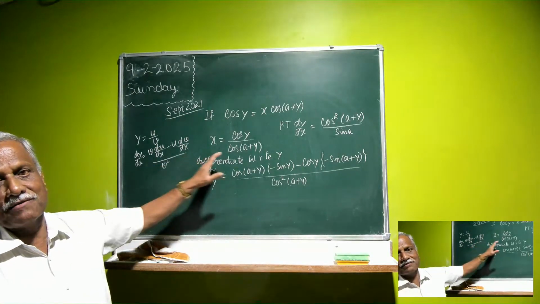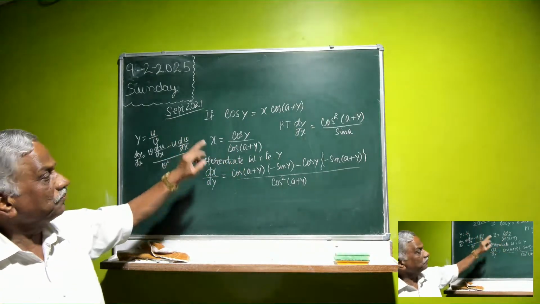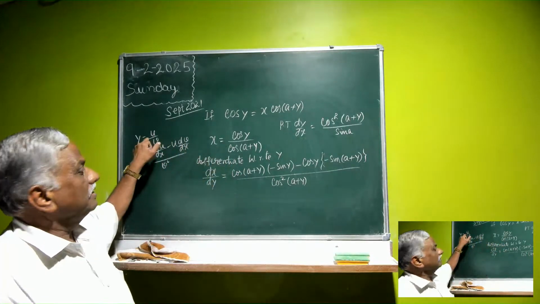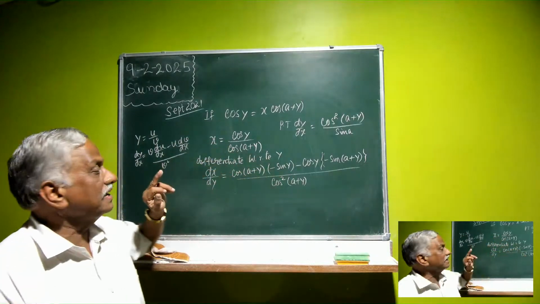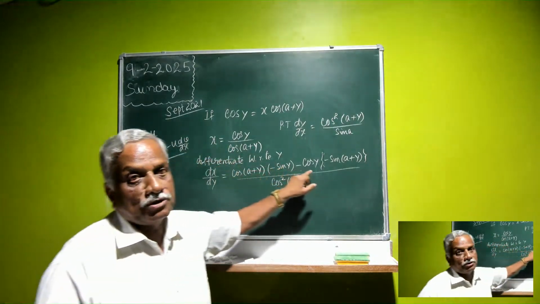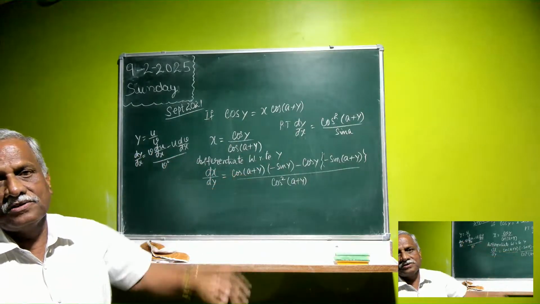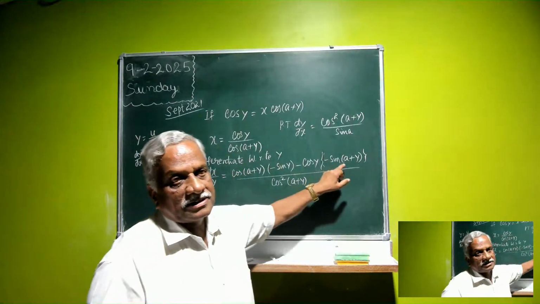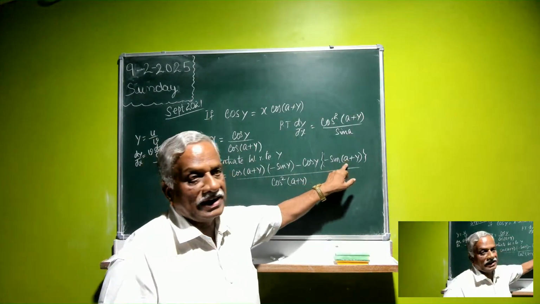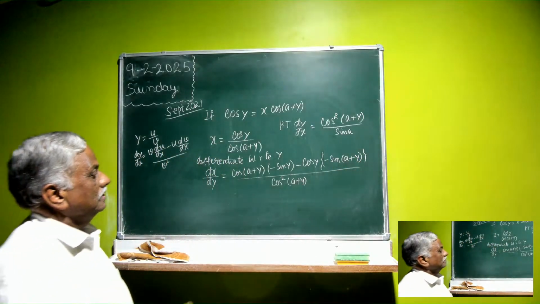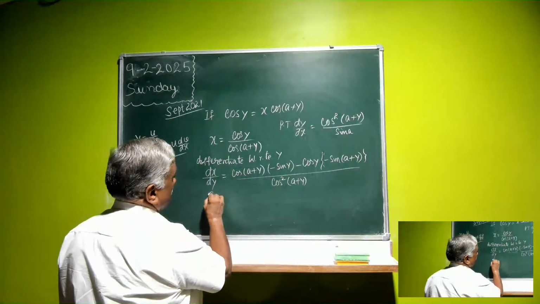This kind of thing will be there. But the rule is same. V is denominator, we keep as it is. Differentiate numerator, you get minus sin y. Then keep numerator as it is. Differentiate denominator, you get minus sin of a plus y. It's the same rule. Differentiate a, that is 0, y is 1. Divided by v square. Let us simplify this.